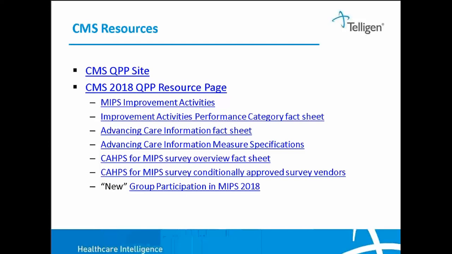So the quality measures for folks participating in an advanced APM are part of their standard participation in the advanced APM. They have to report quality measures, and those are reported through the CMS web interface.